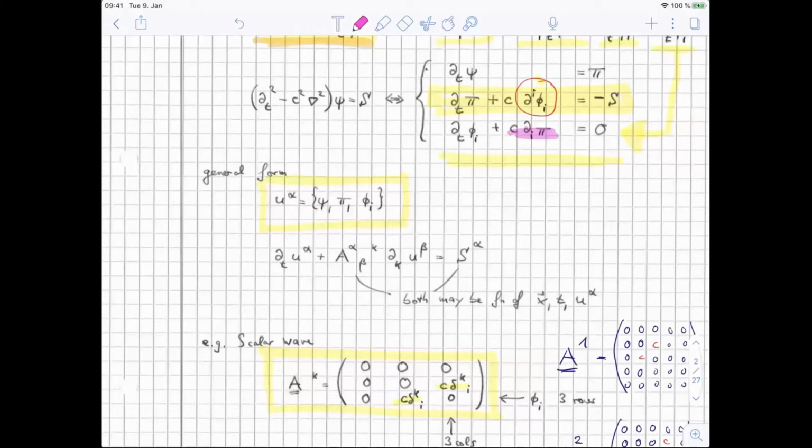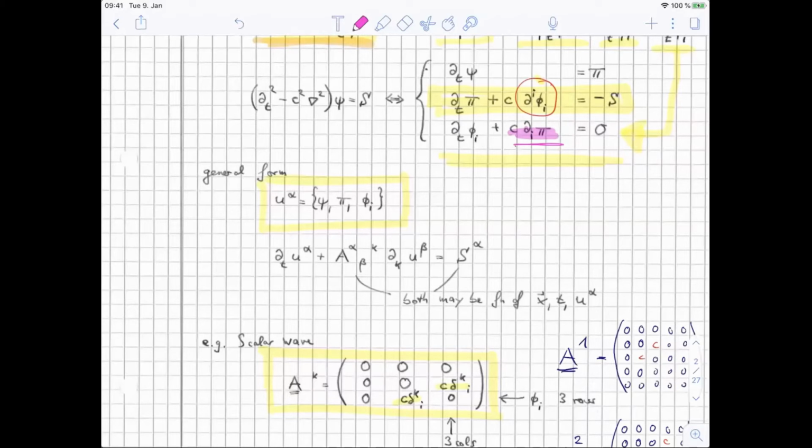d by dt of phi is the last 3 sets of equations. They should be coupled to pi, which is the second equation. The entries in the equation that I actually spelled out in my notes are precisely the d by dt of pi terms.